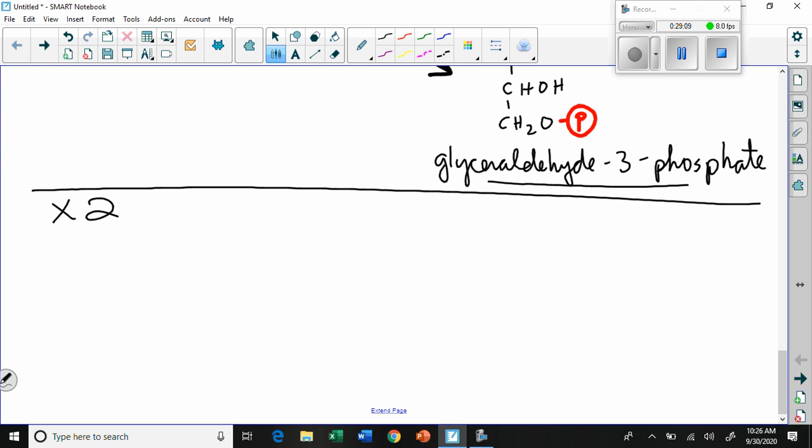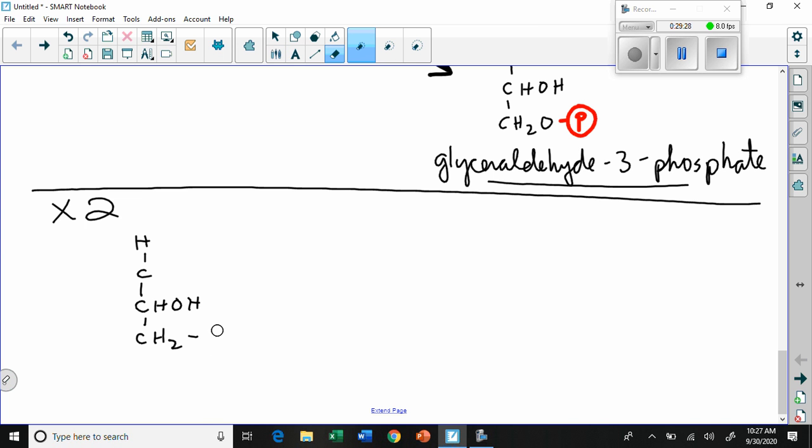Okay? So let's draw our glyceraldehyde 3-phosphate again. There we go. CH2O. Oh, I forgot the O. Put the O in there first, and then the phosphate still stuck on.